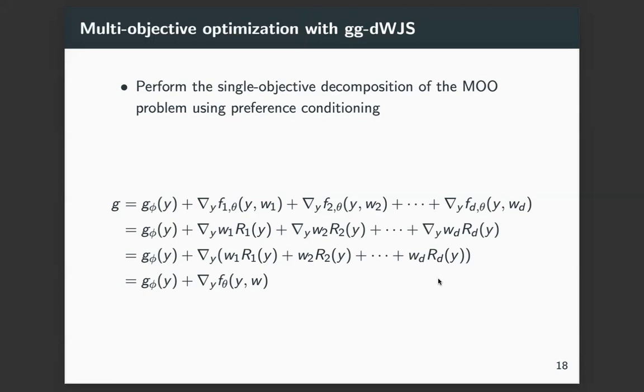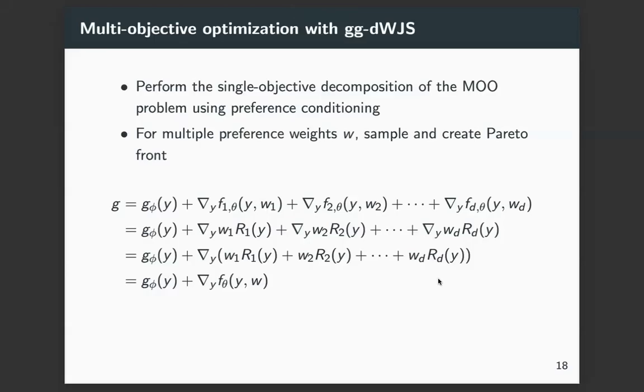Or we could sum them all up, since all of them are essentially working on the same Y, and then we can just approximate it with one model and take the gradient of that given the weight. So those two different things should be the same mathematically. And that's really what we do here. So everything stays the same. We still have our gradient guidance. And for the gradient here, we learn a model that is preference conditioned. And then we take the gradient of that discriminator.